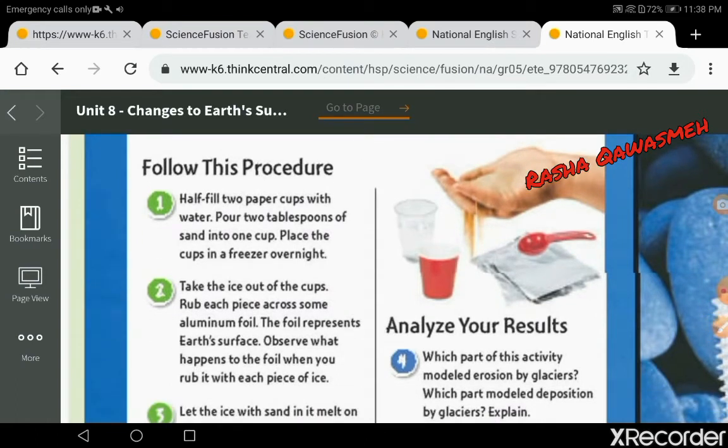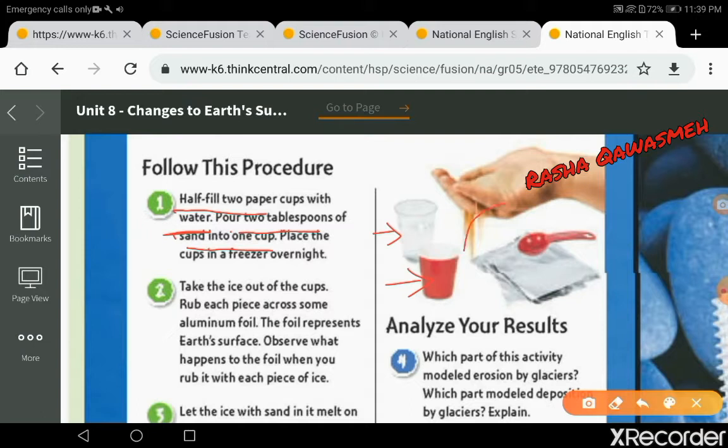Now follow the procedure. First, we have, as you can see here, 2 cups of water. You have to half fill the 2 paper cups with water, and you have to pour a tablespoon of sand into 1 cup.